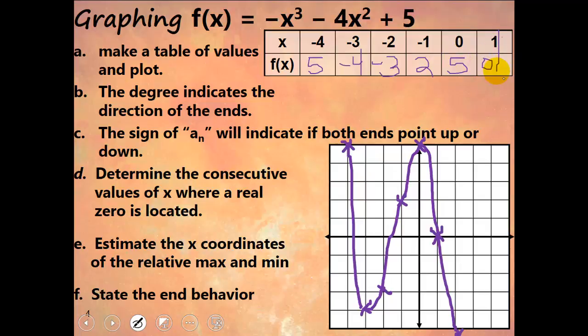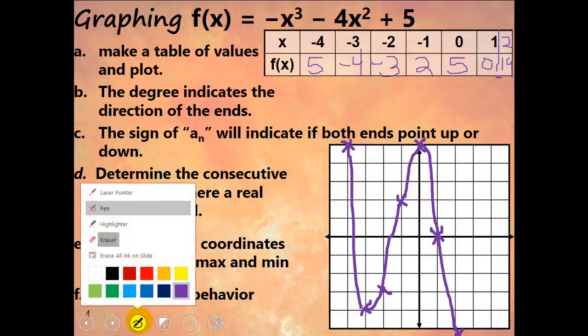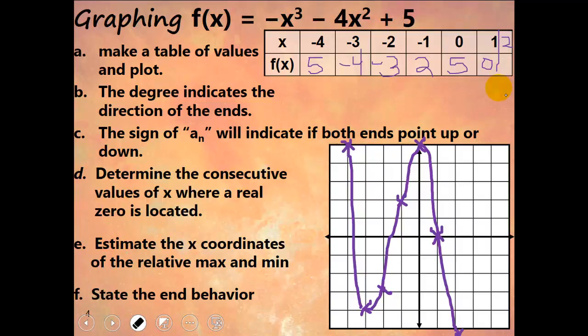And then I also plugged in a 2 and I got a -19. This is -19, sorry. This is going down. I wanted to make sure that there wasn't one more extrema, and so 2 shoots all the way down to -19. So I feel confident in saying that's where all my turns have already been made.